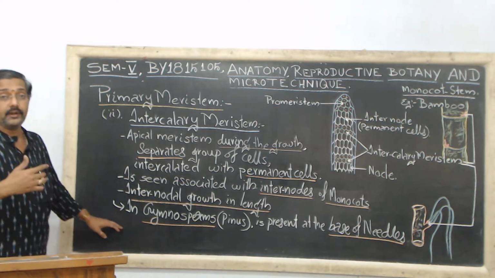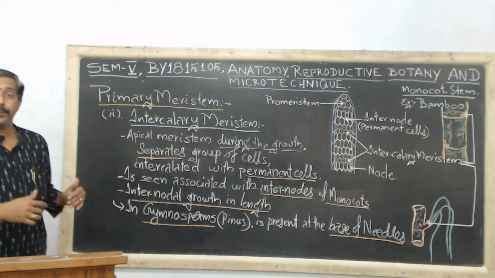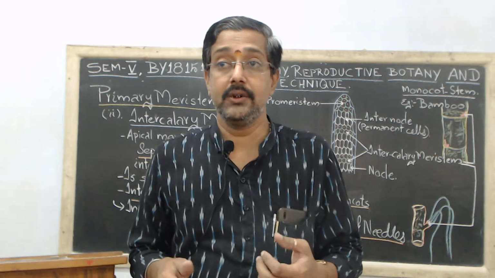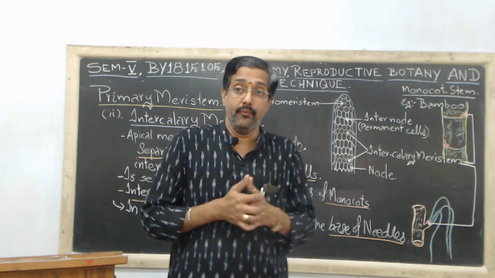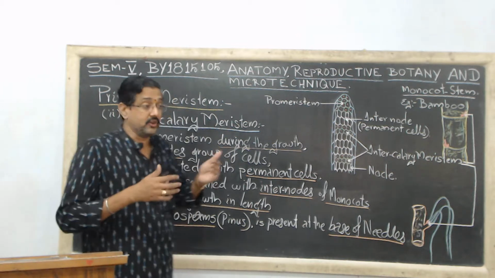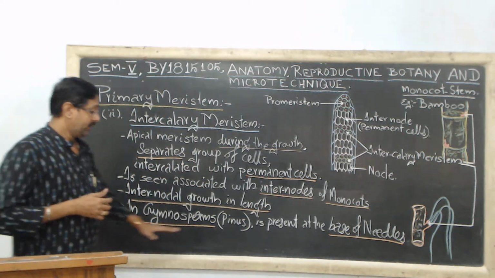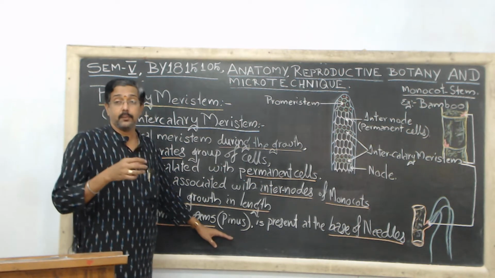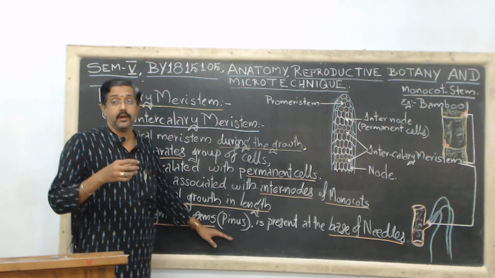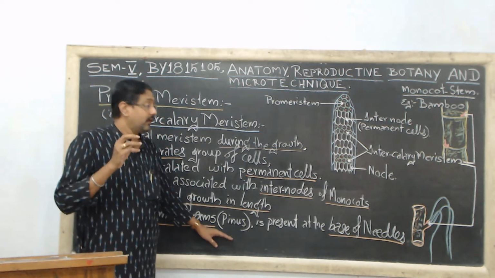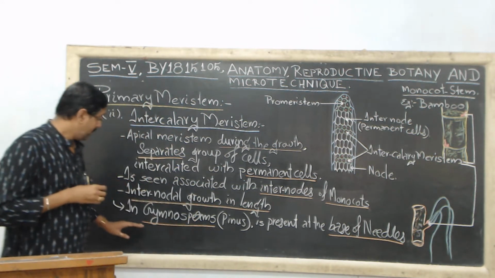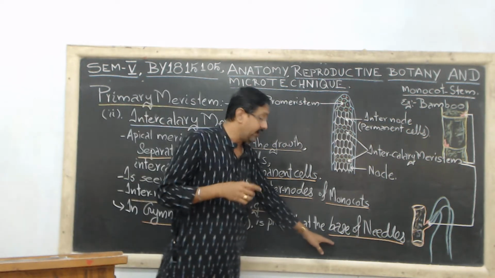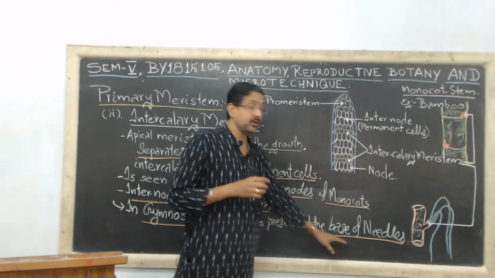In gymnosperms, apical meristem is definitely present in all plant bodies, and as for the intercalary meristem, how can we observe it? In gymnosperms, for example Pinus, we can easily understand the presence of intercalary meristem in the junctions or the internodal portion. Here in gymnosperms, the intercalary meristem is present at the leaf base, that is, the base of the needle.